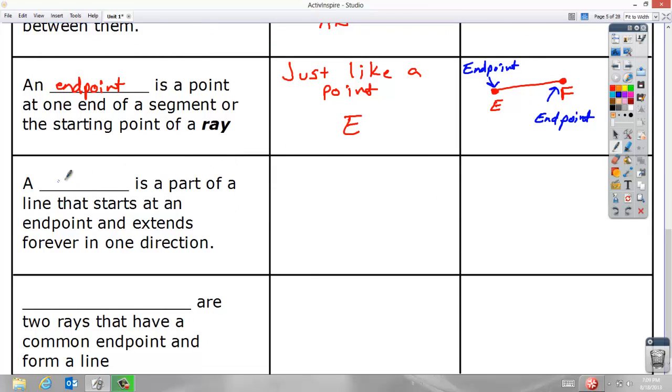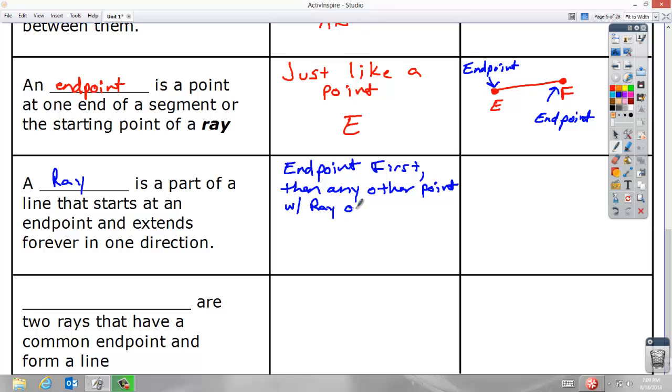All right, the next one, a ray, is a part of a line that starts at an endpoint and extends forever in one direction. So hopefully you'll remember that is a ray. How do we write a ray? Well, we write the endpoint first, then any other point, with a ray symbol on top. So you might see something like this: ray EF.